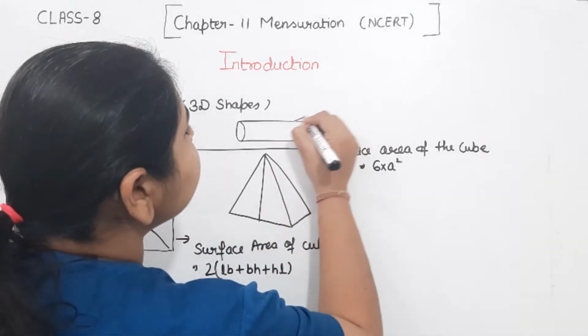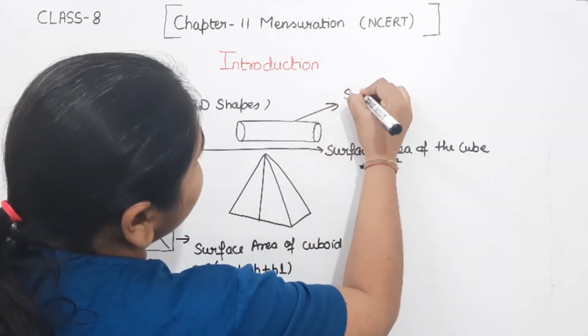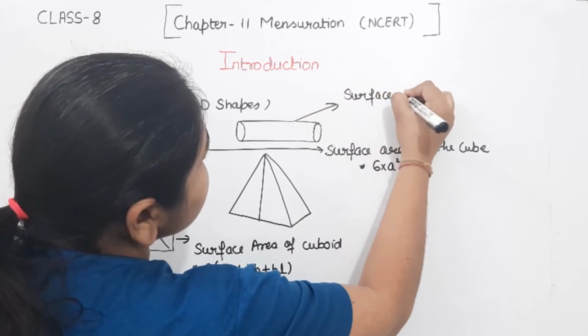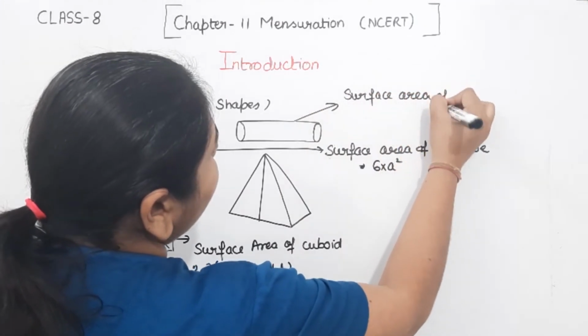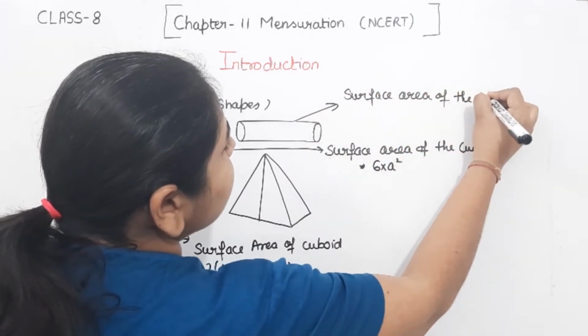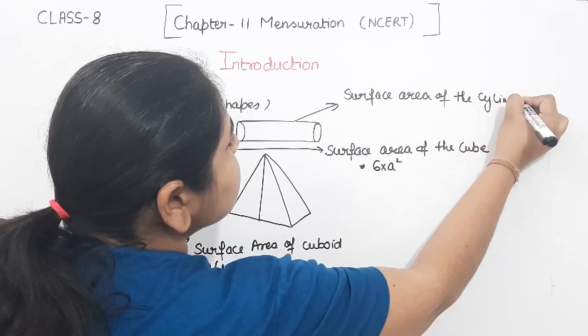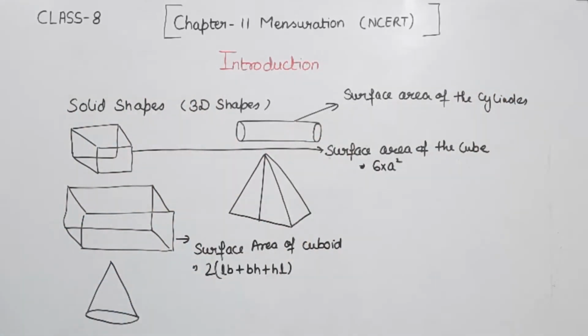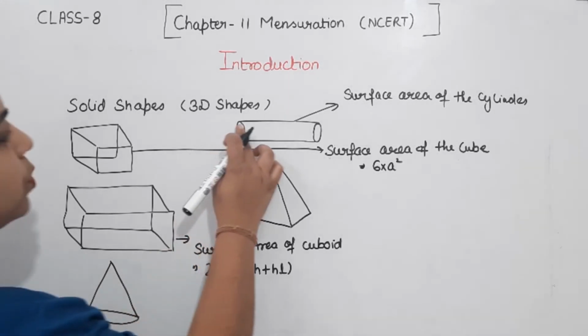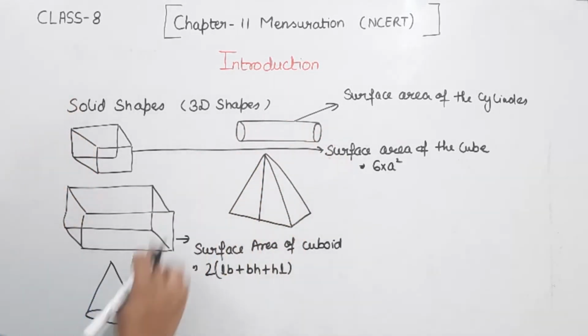This one is the cylinder. Now we have to find the surface area of the cylinder. Now we have to write the total surface area of this one. First of all, we are having the two circles on the corner, and in the center we are having a square shape.